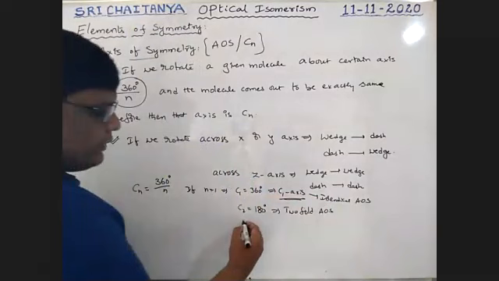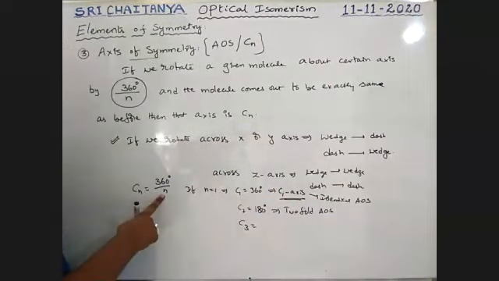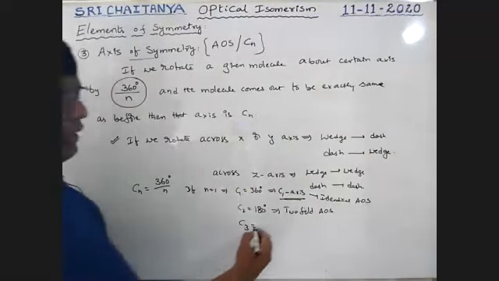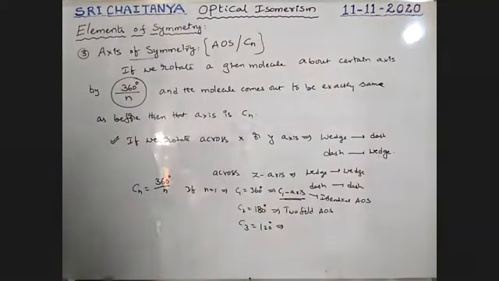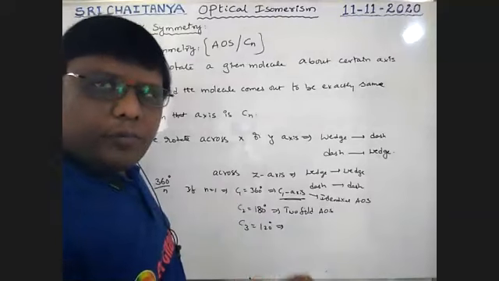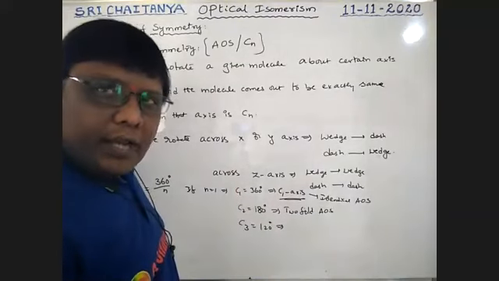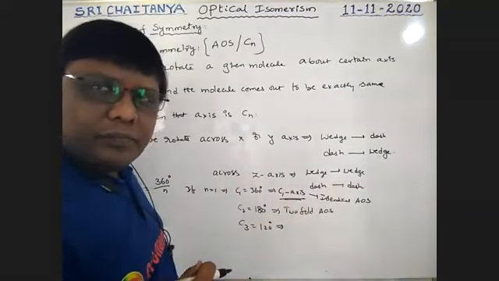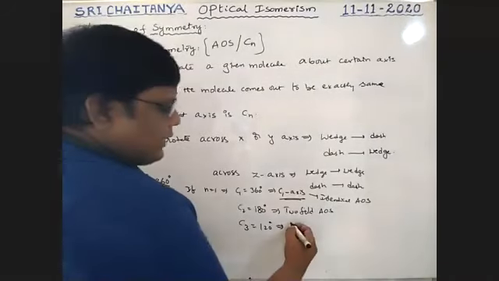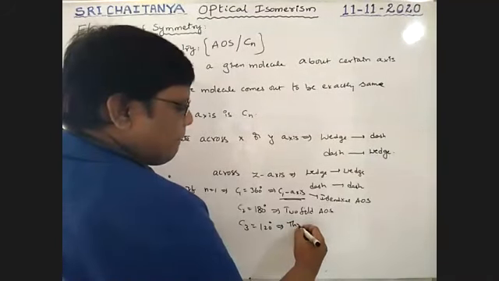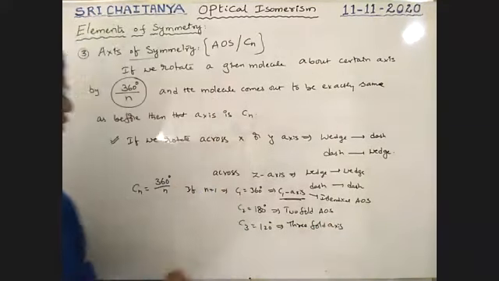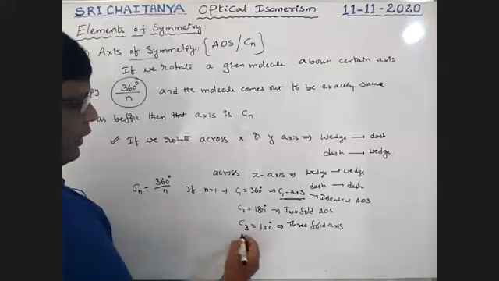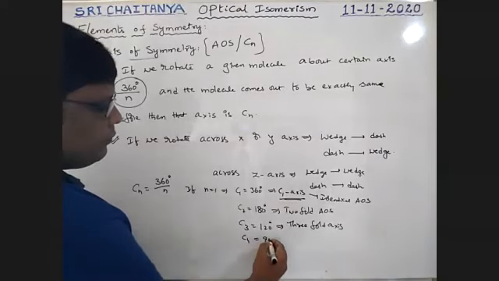Next, C3 axis, that means divide by 3. 3 means 120. After 120 degrees rotation, the molecule seems to be identical, exactly similar to the previous one. That is the threefold axis. If n is equal to 4, 90 degrees.